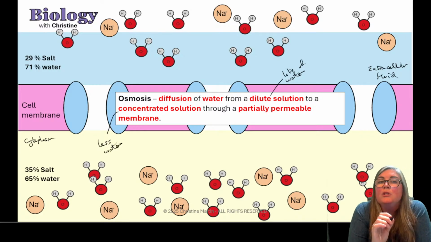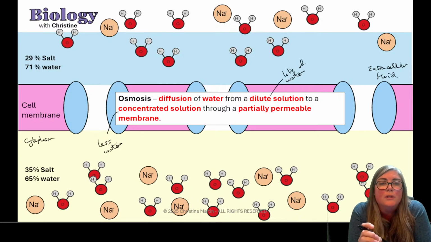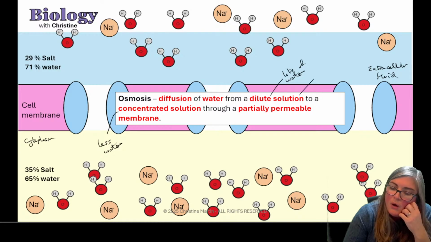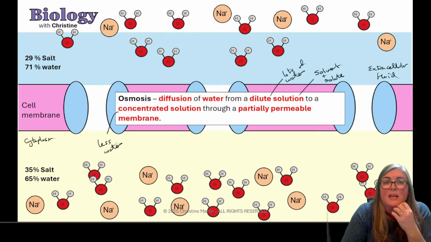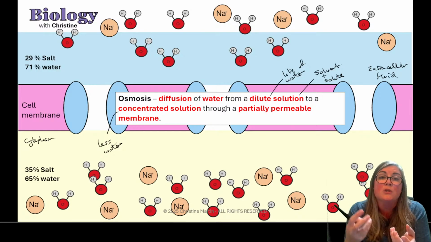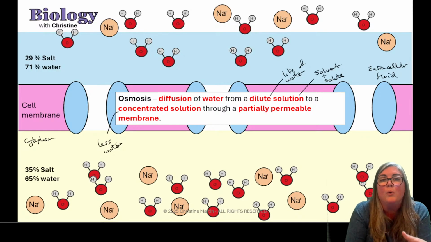So if we're going to have what's known as osmosis occur, we have this diffusion of water from a dilute solution. Now the solution is a solution because we have got a solvent and a solute held together. So the solvent is the water, the solute is the dissolved substances in the water.